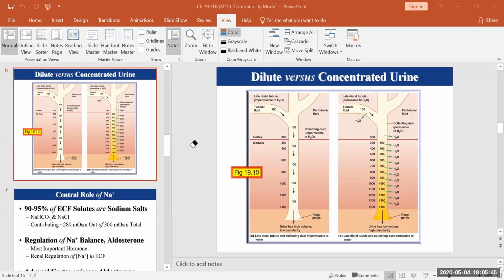And when the body needs it, it releases ADH, and ADH induces the insertion of water pores into the plasma membrane of the cells lining the wall of the collecting duct, allowing water to leave the urine and get into these cells, and ultimately leave these cells and get into the body. So it allows the body to literally concentrate that urine, to retain water, because the body is being dehydrated.